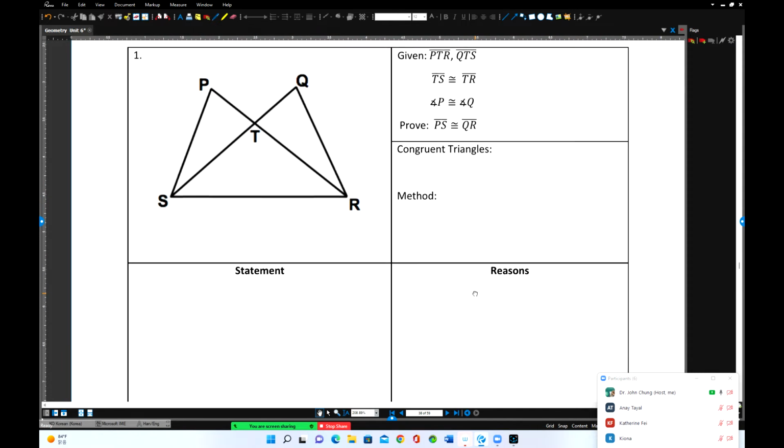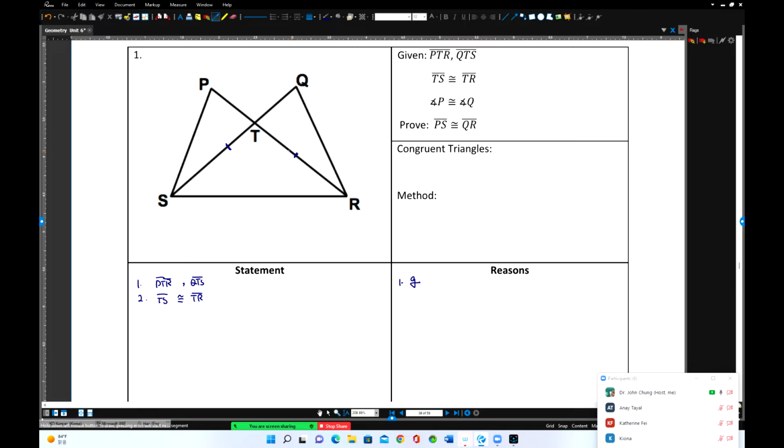That's the given. I'm going to write down the given over here. PTR is a line, and QTS is also a line. That's the given. Second one is TS congruent to TR.